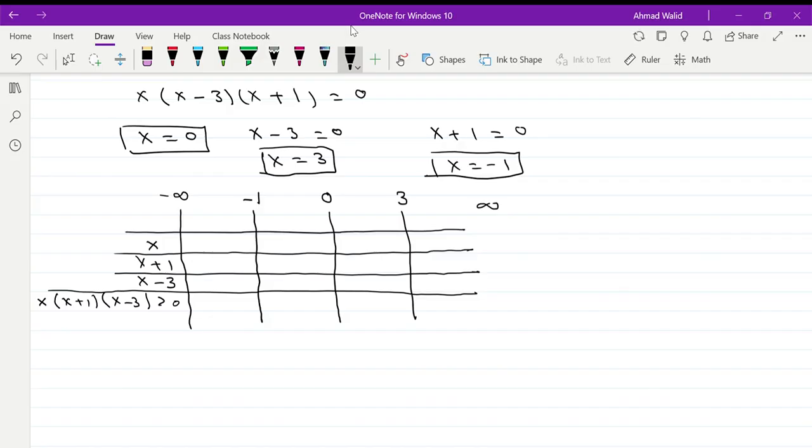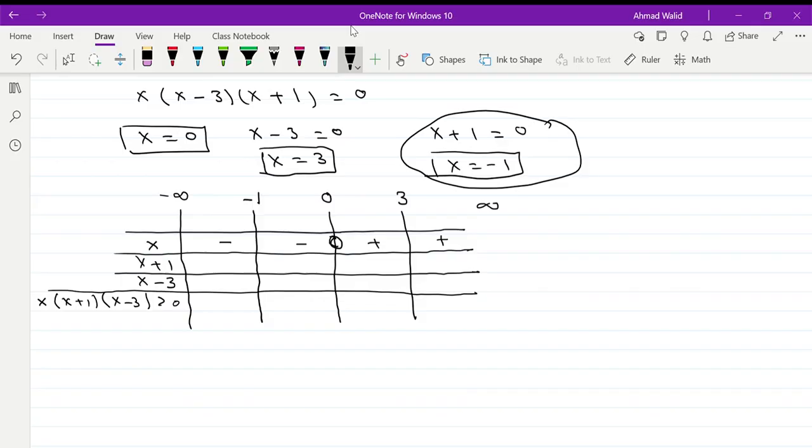At what number x becomes 0? Of course, at 0, x becomes 0. What is on the left side of 0? Which kind of sign should I put on the left side of 0? Of course, negative numbers are on the left side of 0, and positive numbers are on the right side of 0. X plus 1. At what number x plus 1 becomes 0? Of course, here you can see you already did it.